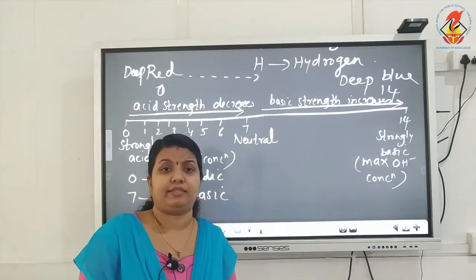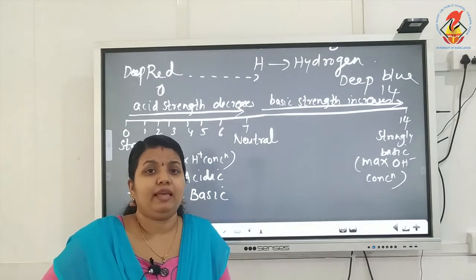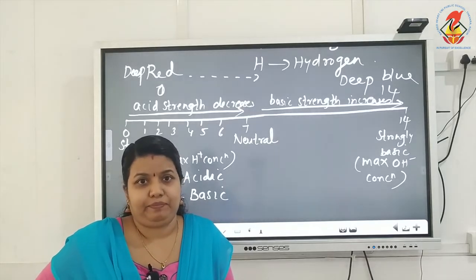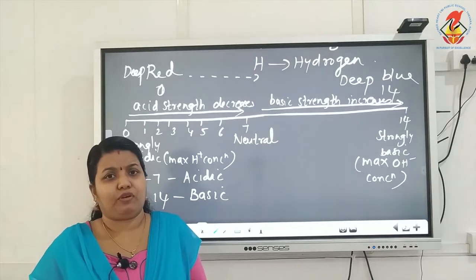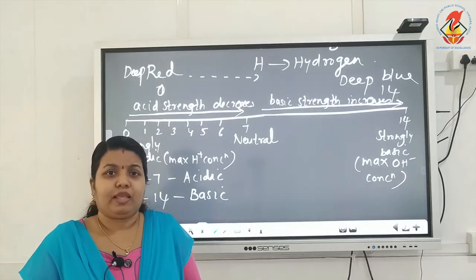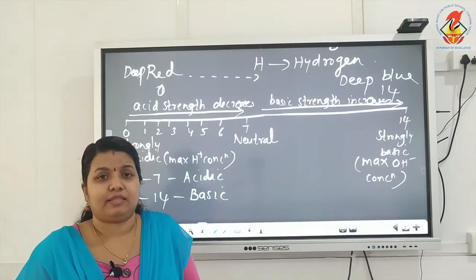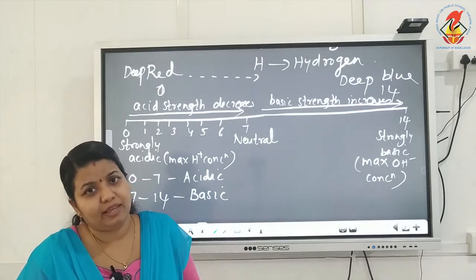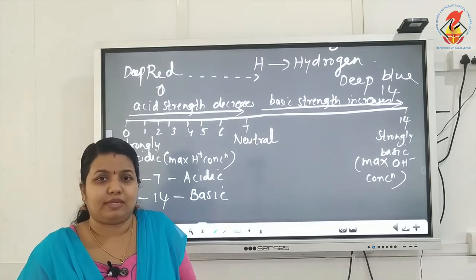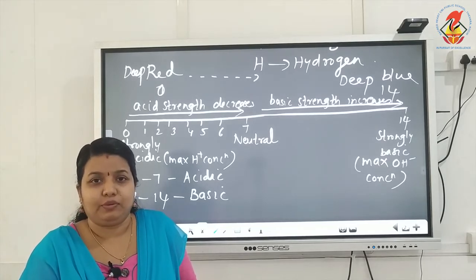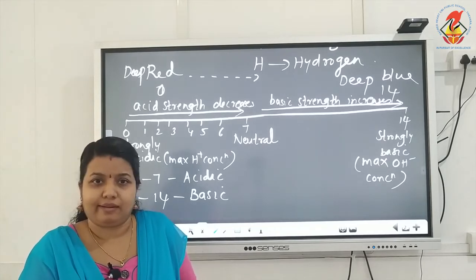The strength of an acid or a base is measured using a universal indicator. Universal indicator is a mixture of several indicators, and it measures the concentration of hydrogen ions in a solution. At different concentrations of hydrogen ions, the universal indicator shows different colors.